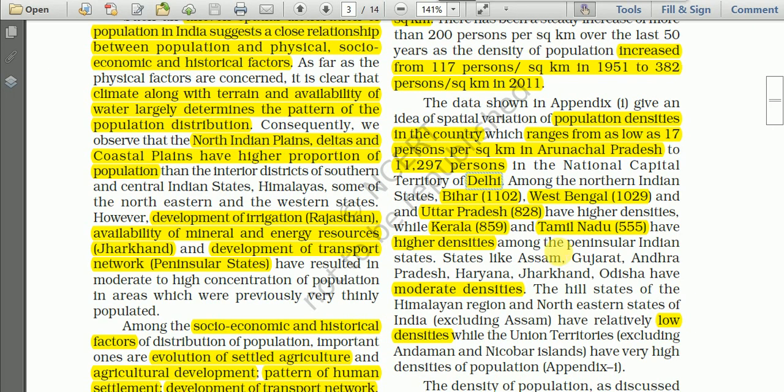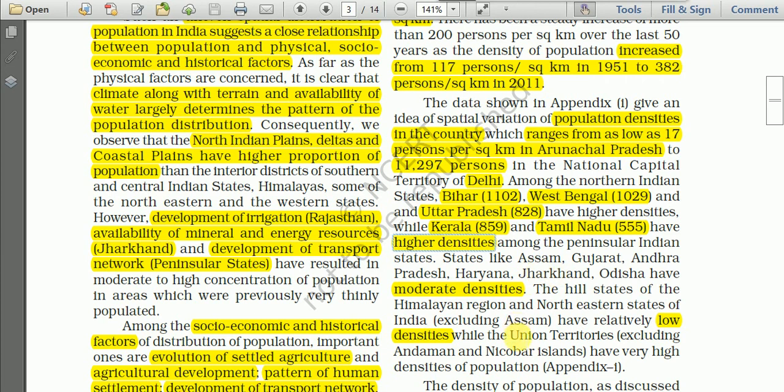So let us read. Among the northern Indian states, Bihar with a density of 1102, West Bengal 1029, and Uttar Pradesh 828 have higher densities, while Kerala with 859 persons per square kilometer and Tamil Nadu with 555 have higher densities among the peninsular Indian states.